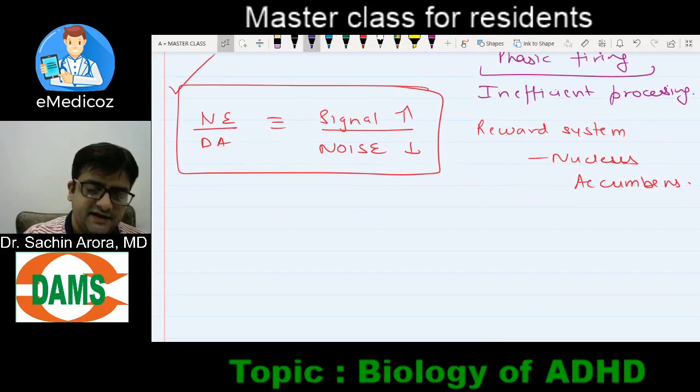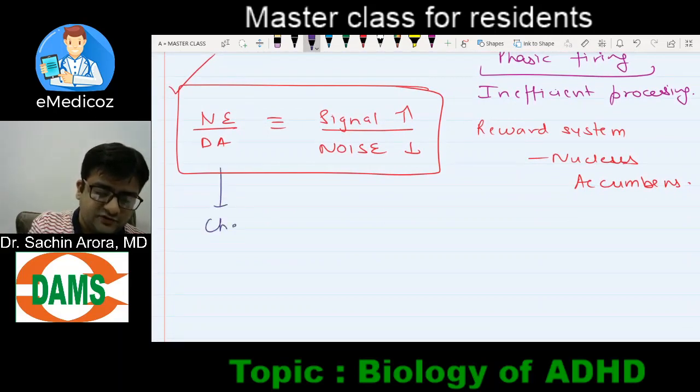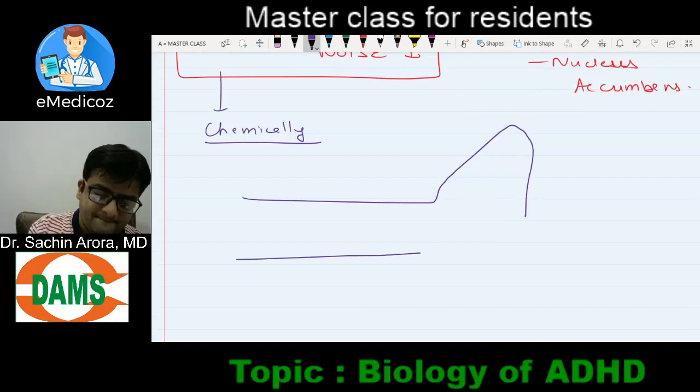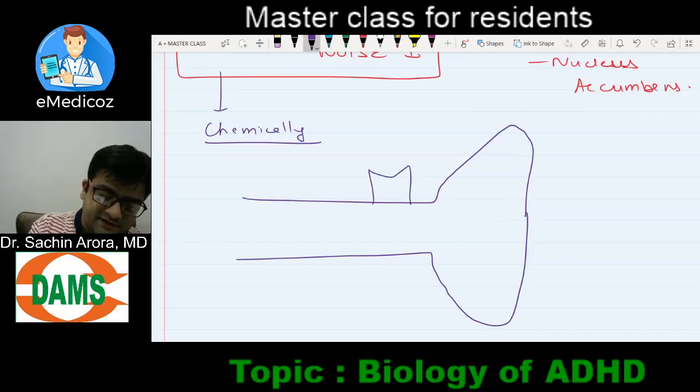Even it has been linked chemically also in the dendritic cell. There are receptors.